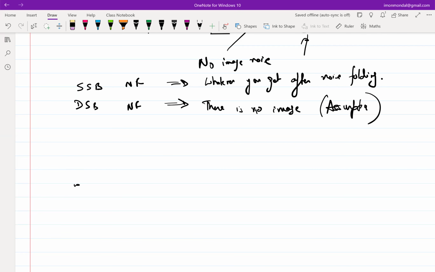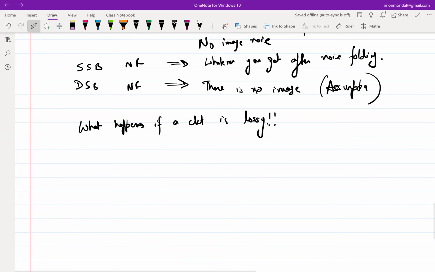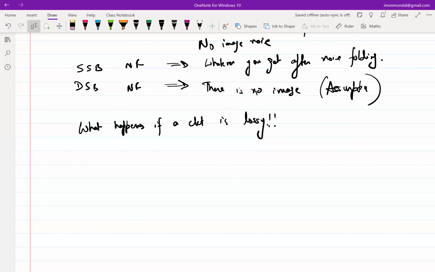The question that I'm trying to answer is what happens if a circuit is lossy? When I say lossy, I mean there is no power gain. I will not prove the generic case. I will show you a specific case, and then I will extrapolate it to what happens in general, right?